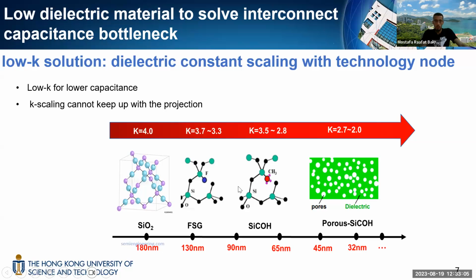On this graph, we show that different kinds of low K dielectric material have been used for different technologies, like the dense low temperature oxide, the FSG, the SiCOH, and for 45 nanometer and beyond, porous dielectric has been used with different amounts of porosity as spherical pores, as shown here, to have a lower K dielectric material.